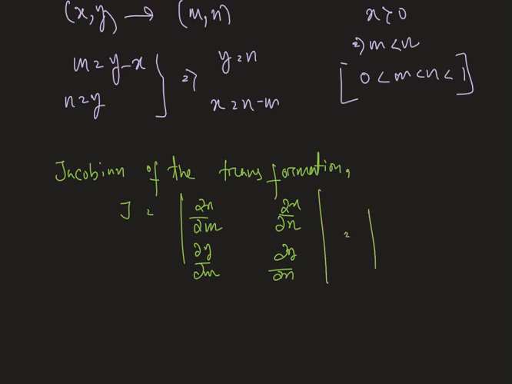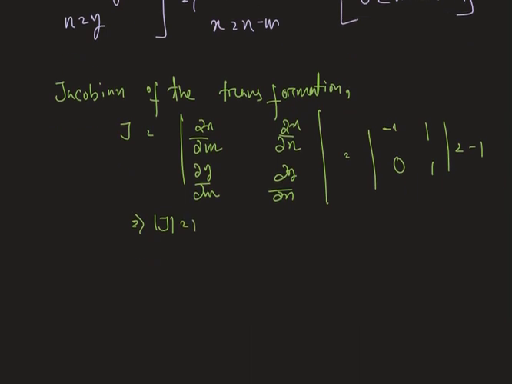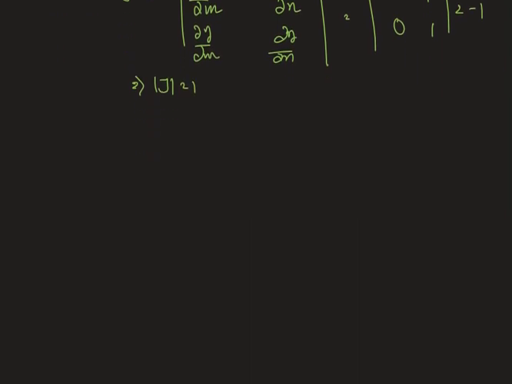So it is nothing but the determinant of minus 1, 1, 0, 1, which results in minus 1. Therefore, mod Jacobian is equal to 1. So the density of order statistics reduces to f of mn, which is nothing but 2 into 1, where 1 is the Jacobian, and the range of mn is like this.